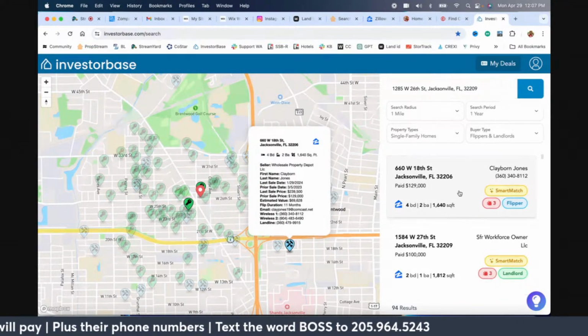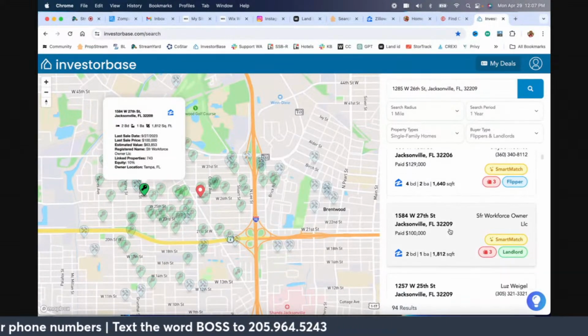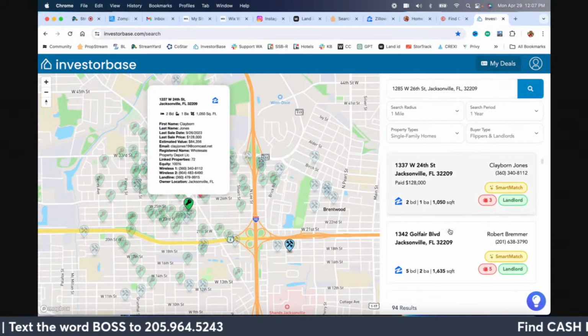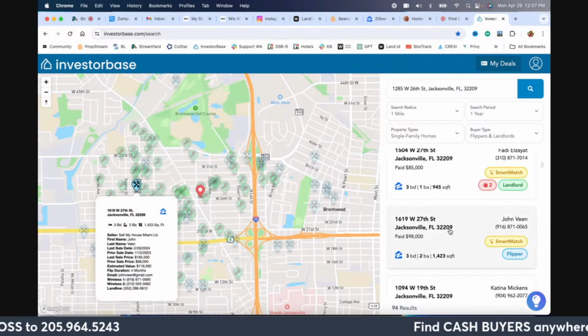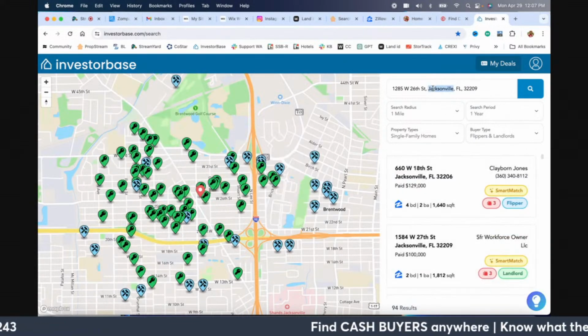Cool. So any more details on it that they gave? No, just the address. Okay, so let's look at it.